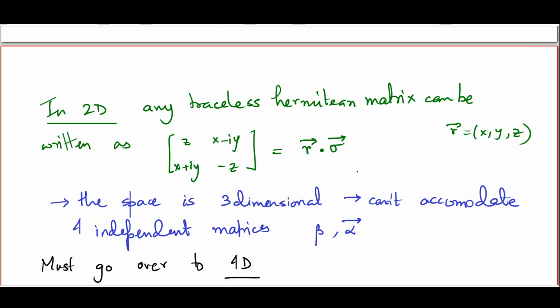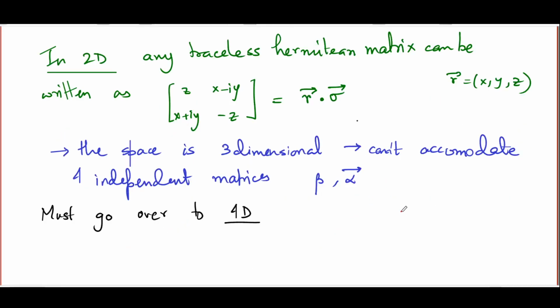Anyway, that's an aside, because we are more interested in relativistic quantum mechanics in 3 plus 1 dimensions. So we will move over to 4 by 4 matrices and try to see whether we can find beta, alpha 1, alpha 2 and alpha 3 which satisfy our basic demands.